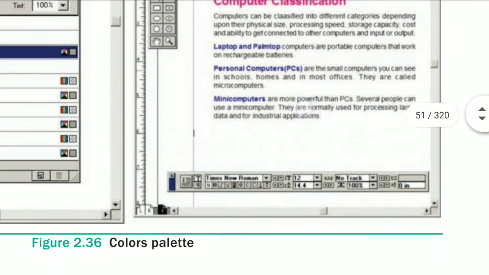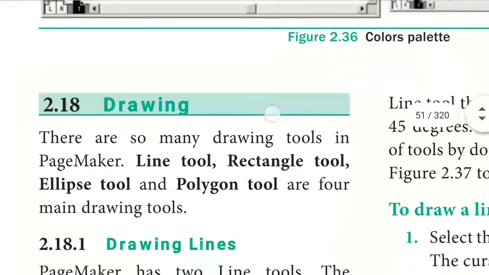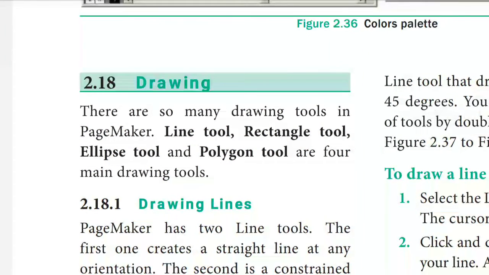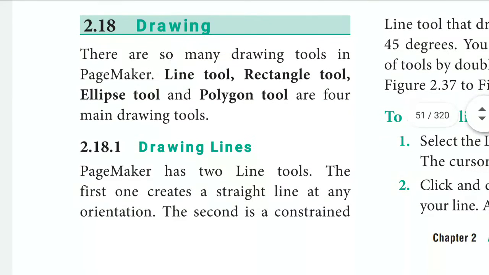Okay, so now we are going into the drawing toolbar. There are so many drawing tools in PageMaker: line tool, rectangle tool, ellipse tool, and polygon tool are the four main drawing tools.